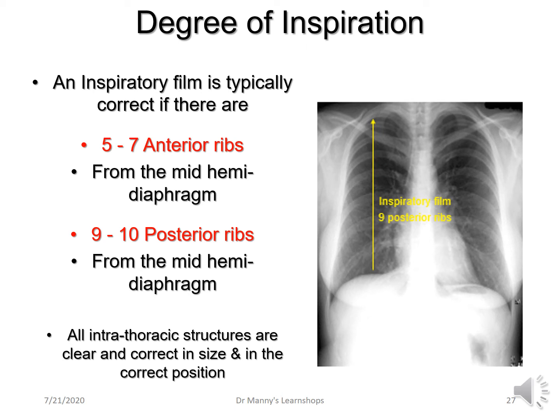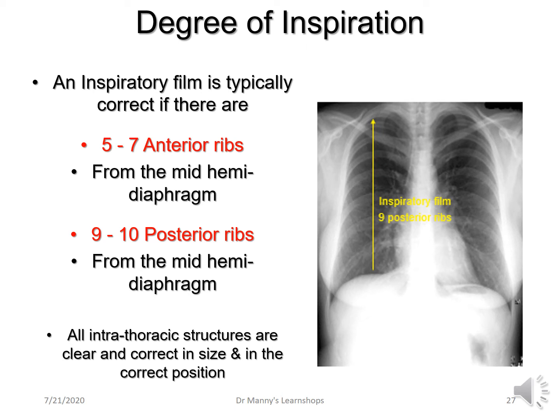On the film that you see in front of you, the inspiratory film is on the right side. You go to the hemidiaphragm and count the ribs going up. You can't typically see or read anterior ribs on an AP film.